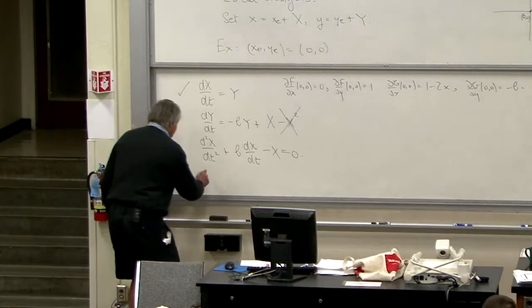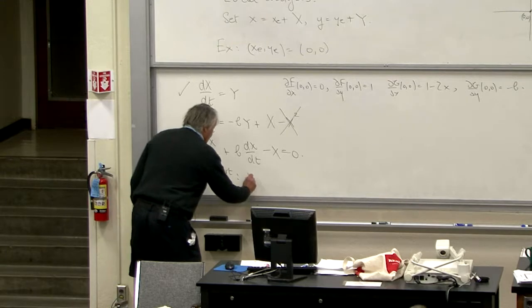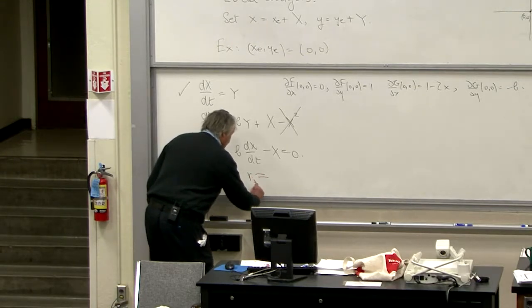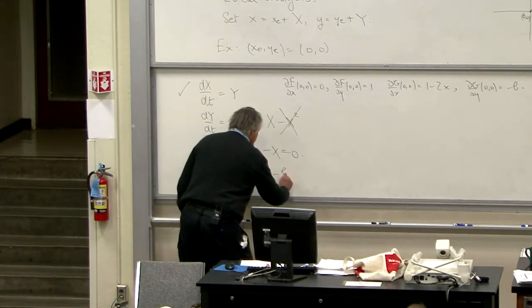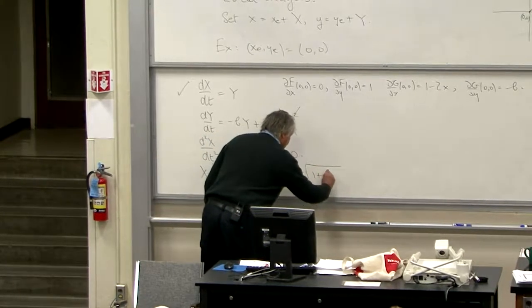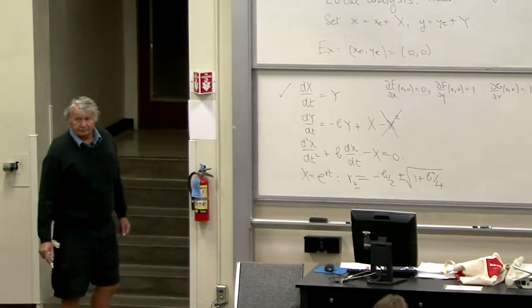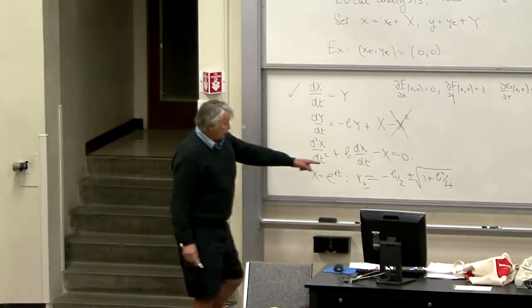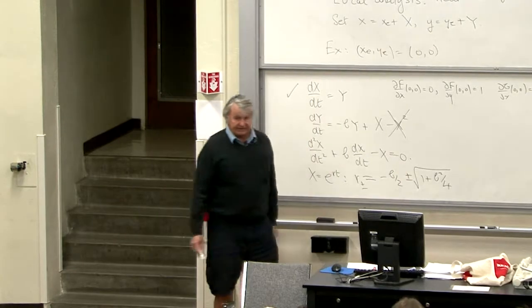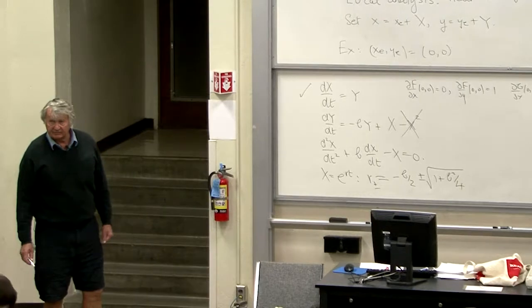Solutions: x is equal to e to the rt, and the two roots, r plus and minus, are minus b over 2, plus or minus the square root of 1 plus b squared over 4. One root is positive, one root is negative. That's why I call them r plus and r minus.